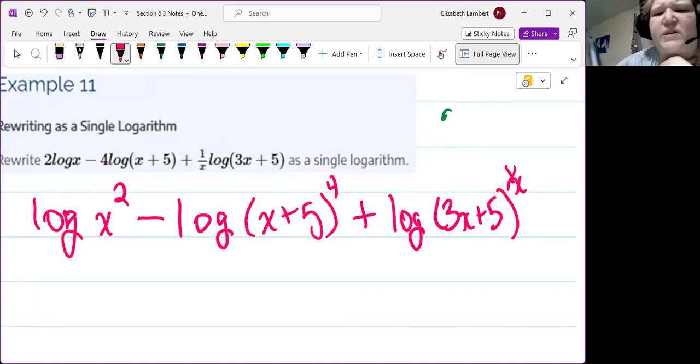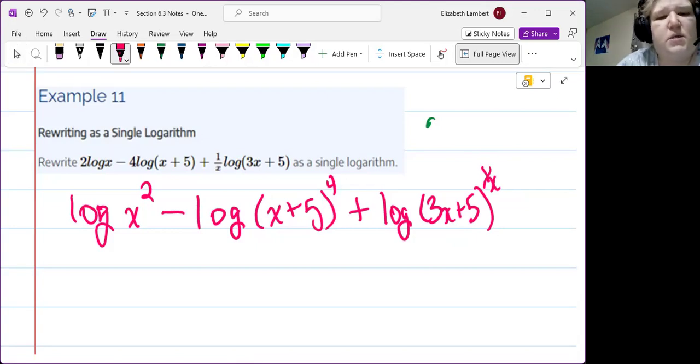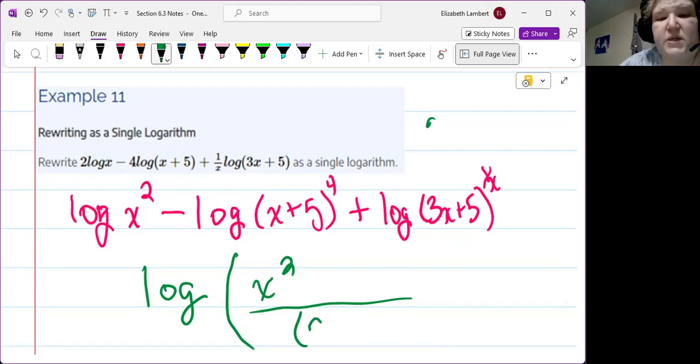Like, this is a very weird thing. I've really only seen it in this situation when we're just playing around with what are the crazy things we can do with condensations and expansions. Yeah, no real logic to it. Just, look, it'll do this. All right, so the x squared log didn't have a minus in front, so it will be on top of the fraction. The x plus 5 to the fourth does have a minus in front, so that will go on the bottom, still with a positive 4.